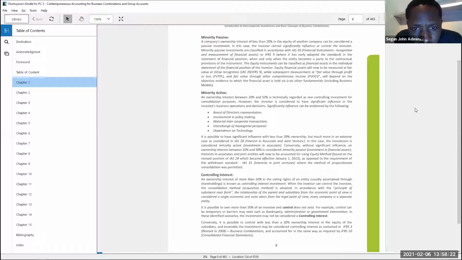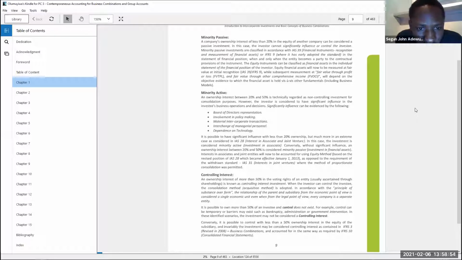Equity financial assets will be measured at fair value at initial recognition under IAS 39 and IFRS 9, while subsequent measurement at fair value through profit or loss or fair value through other comprehensive income will depend on the objective evidence to which the financial asset is held vis-a-vis other fundamentals, including business models.